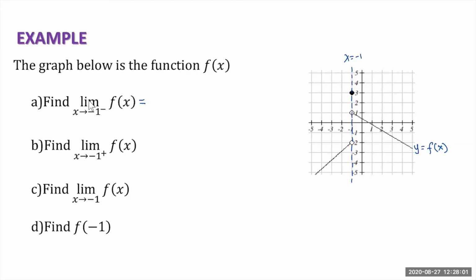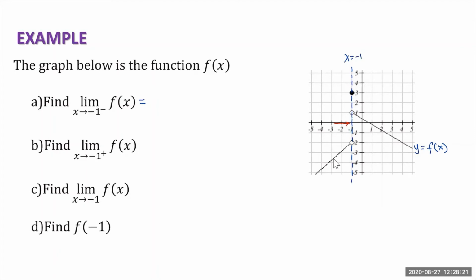Now in part A, we have to find the limit as x approaches -1 from the left. From the left side, when you get closer and closer to -1, where is our function? Our function is here.